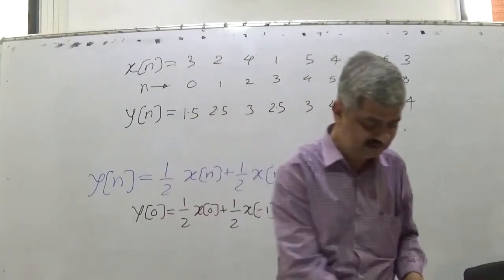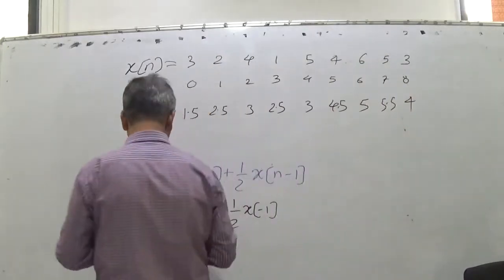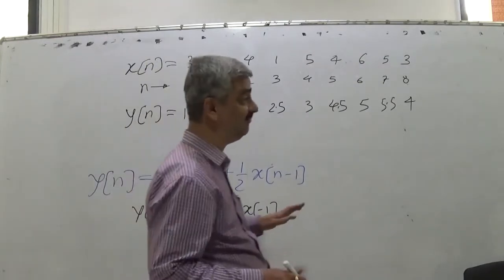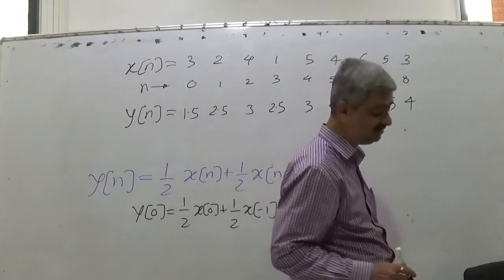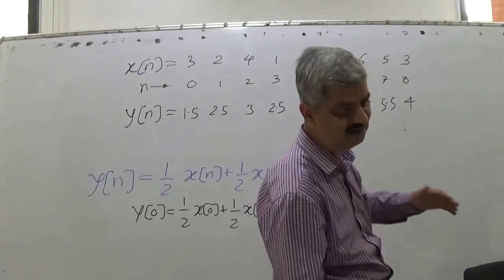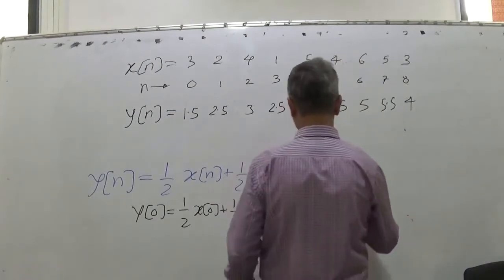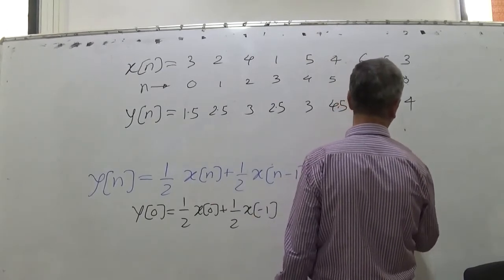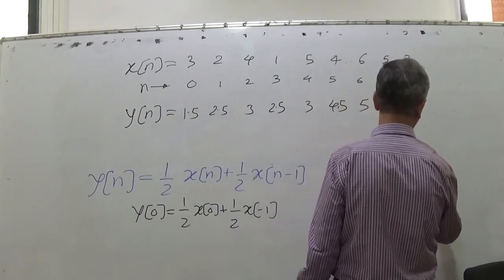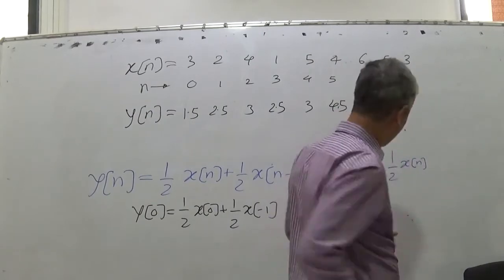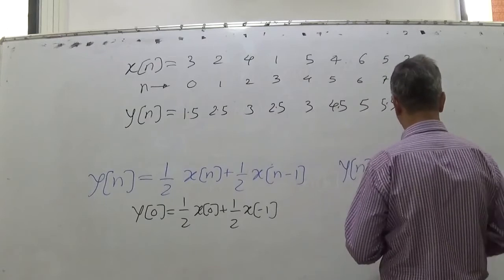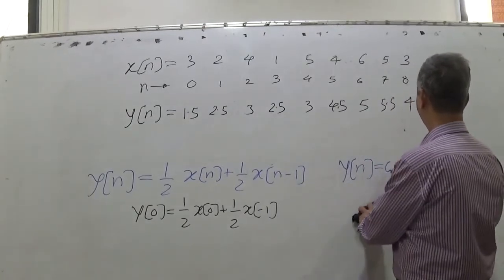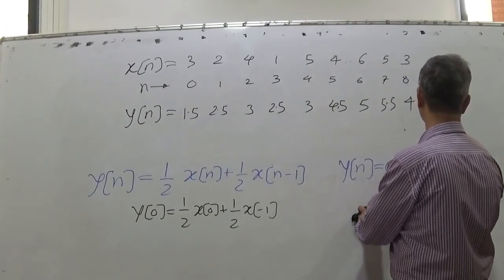So another example that you can have, I am giving these examples because you should find that this is something within your understanding domain, not just abstract mathematical calculations. I can take another example of y equal to half xn, or y equal to 0.5 xn.